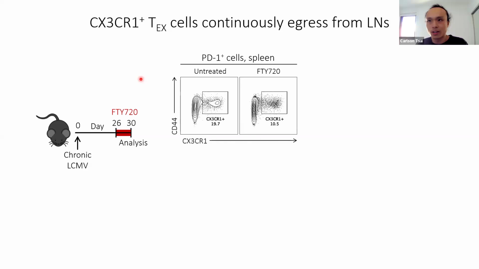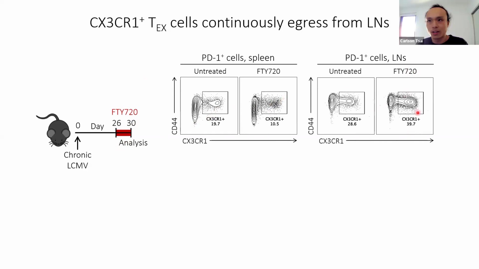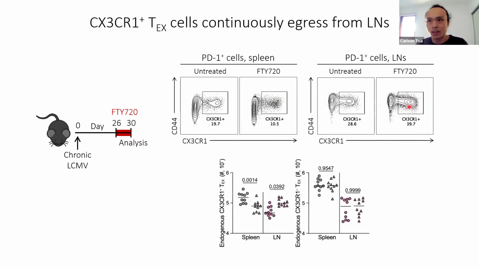What we showed is that with this transient 4-day inhibition, we see a decrease of CX3CR1 TEX cells in the spleen, and we saw an accumulation of these cells in the lymph nodes. This is a quantification here. In the same setting, we didn't see any changes in the numbers of CX3CR1-negative TEX cells, which is in line with the fact that these cells do not express S1PR1.